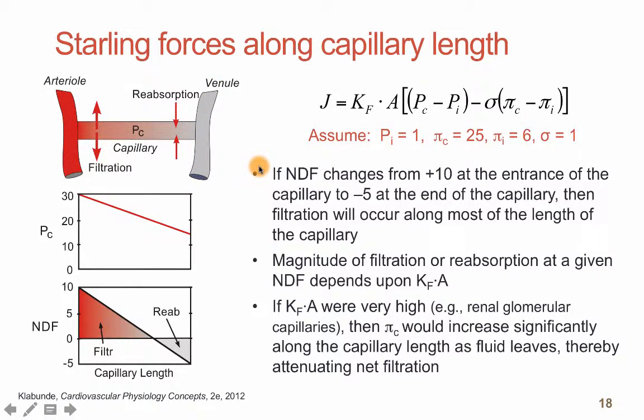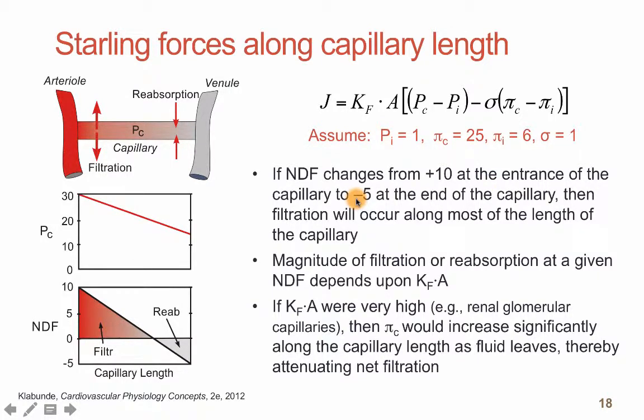And we're going to make a couple little assumptions here. We're going to assume, just for this slide, that interstitial hydrostatic pressure is 1 millimeter of mercury. We're going to assume that oncotic pressure in the capillary is 25, oncotic pressure in the interstitium is 6, and that sigma is 1. So we can plug those values in here.